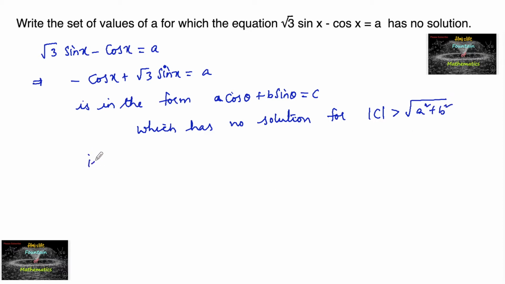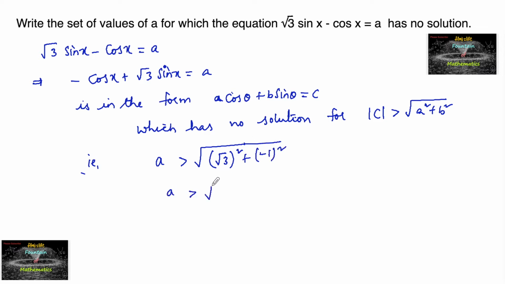So here c is a, and mod a should be greater than root over a square plus b square, that is root 3 whole square plus minus 1 whole square.